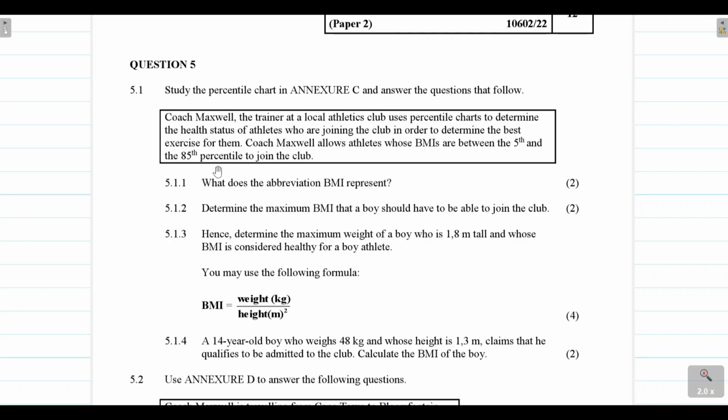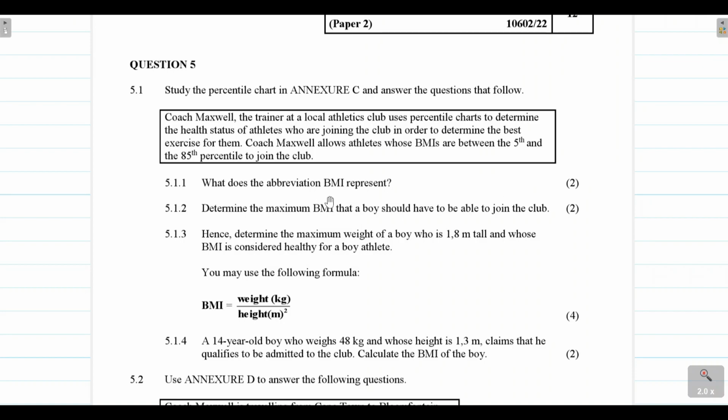Okay, so that is basically what is happening here, right? And we are told that Coach Maxwell allows athletes who have a body mass index between the 5th and the 85th percentile to join the club. Okay, so we're going to be using the percentile chart to help us answer the questions that are given to us. All right, so let's have a look at question 5.1.1.